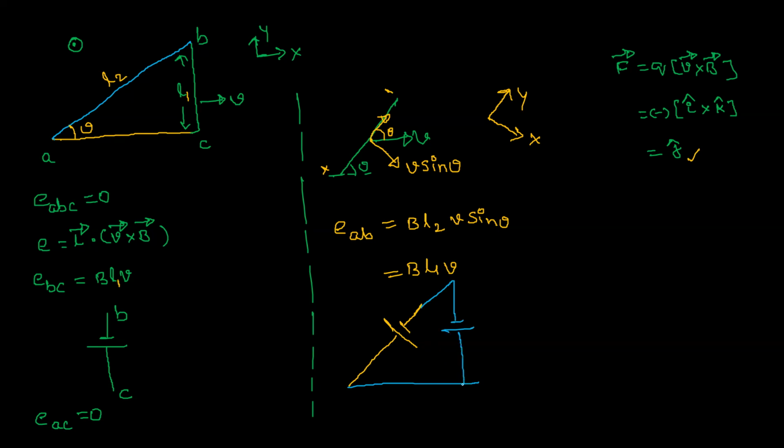It is now like this. So both have the same values, same EMF. Then you can see in this complete circuit, what is now the net EMF? That is equal to 0, right? That's why EMF induced in the entire loop ABC is equal to 0.